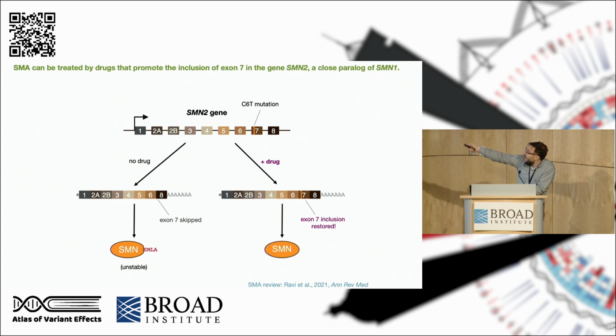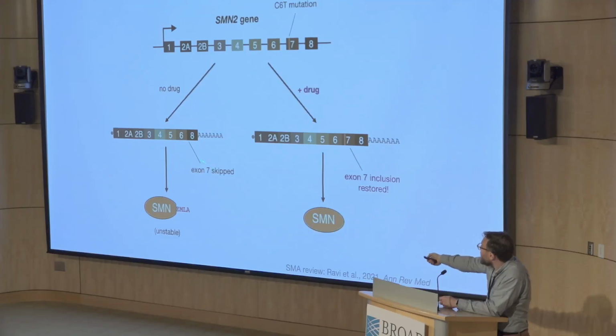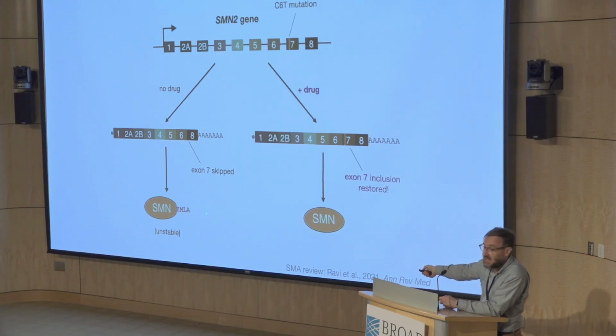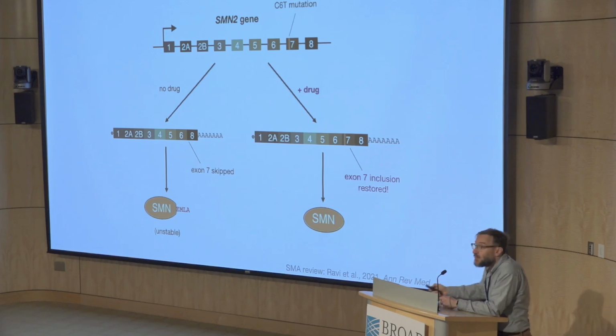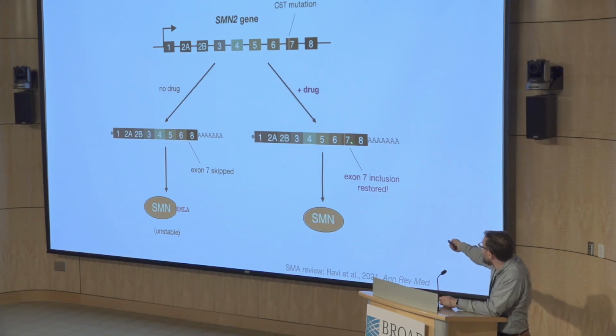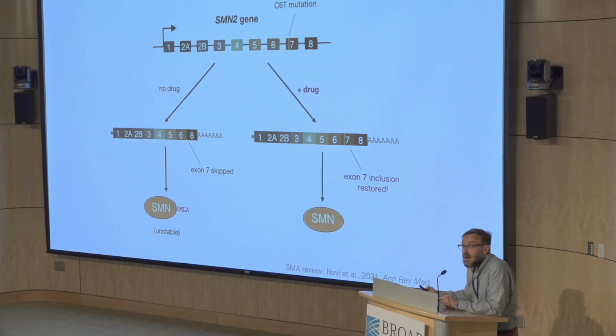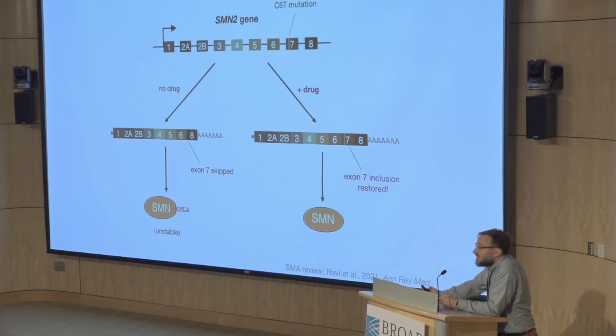Because of that, exon 7 gets skipped in about 90% of endogenous transcripts, and that skipping causes the adding of a degron tag to SMN protein, making it unstable. In the presence of risdiplam or branaplam, however, the inclusion of exon 7 is restored, and thus you get fully functional, stable SMN protein.